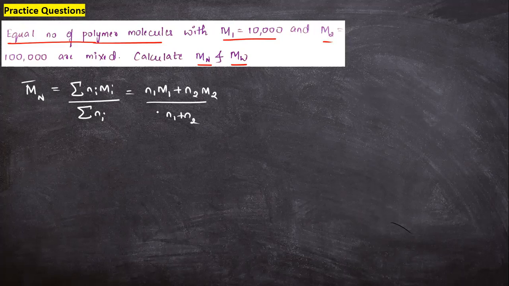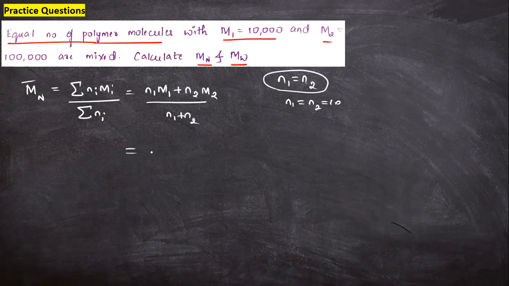They have given an equal number of polymer molecules, which means N1 will be equal to N2. Either replace N2 with N1 and solve, or take N1 equal to N2 equal to some number like 10, 20, 30. Instead of taking a number, it is better to solve using the equation.